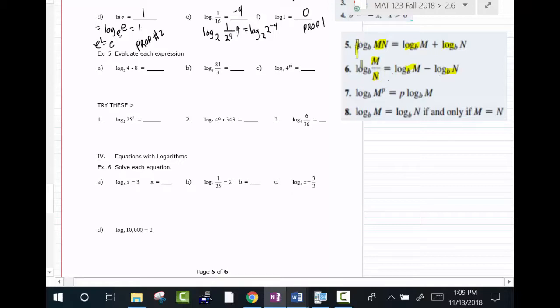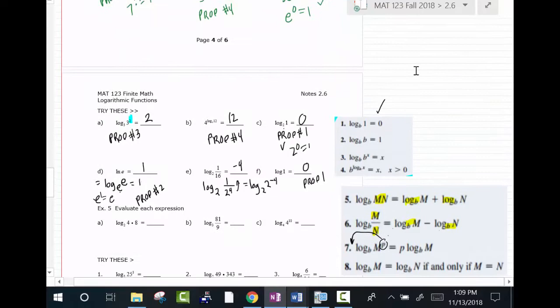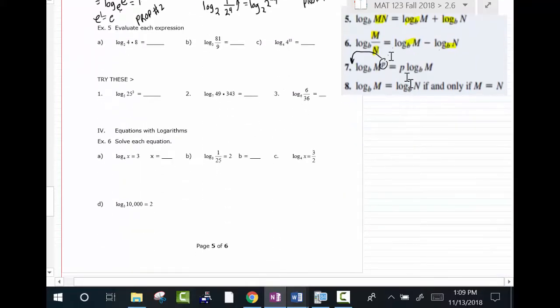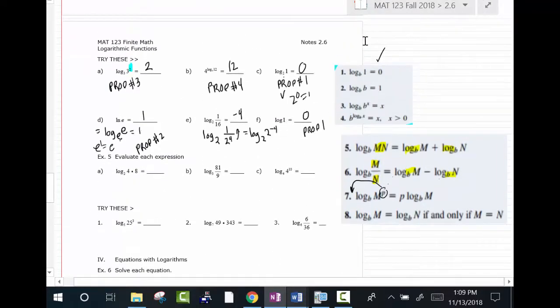If you have log base b of something to a power, that power just comes down in front. That's the last one that I had you put in your calculator.